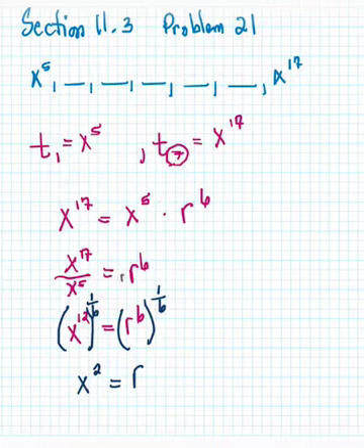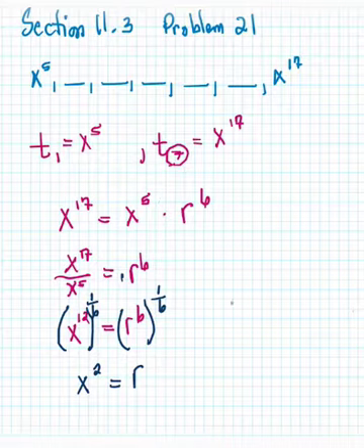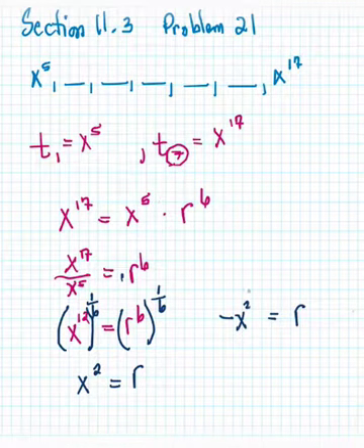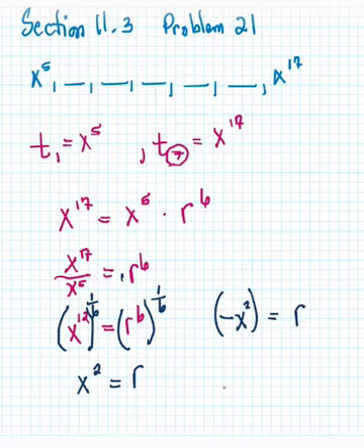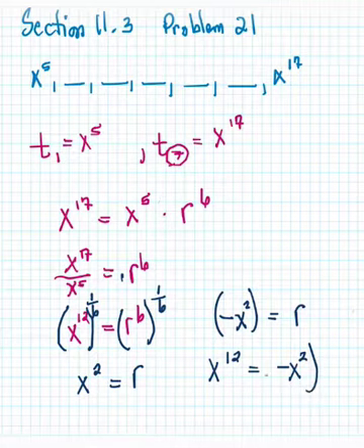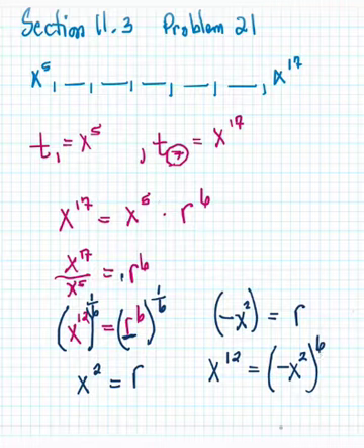Now the problem here is, I believe r can also equal the opposite of x squared, because I think if we let that be r, it will work. Let's let r equal the opposite of x squared. Then we have x to the 12th equal to r raised to the 6th.